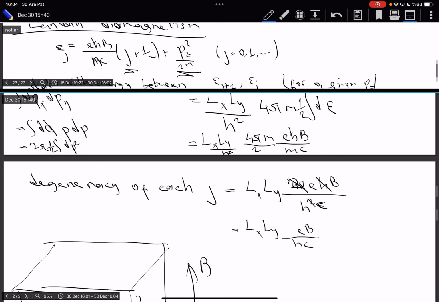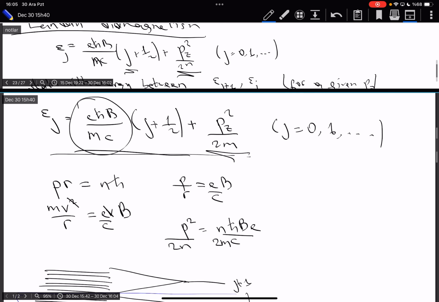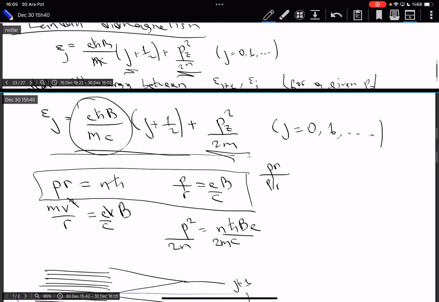Well, there is a somewhat intuitive argument to obtain this degeneracy, more or less, not the exact number but the dependence. Let's look at Bohr's approach to this problem. I have these two equations. When I multiply them, I get the energy. If I divide them, it's p over r, which is n h bar over eBc.